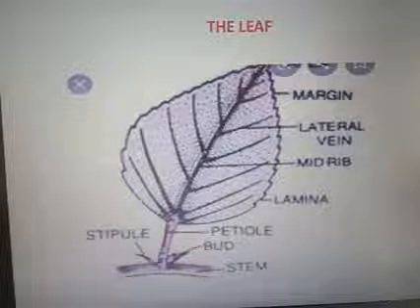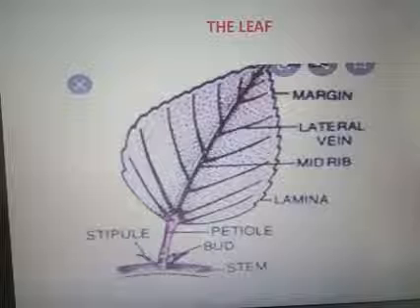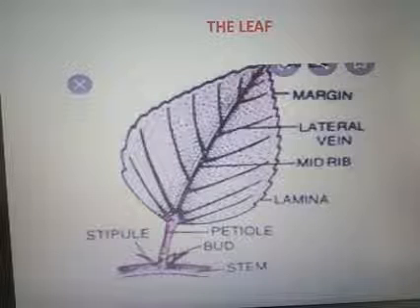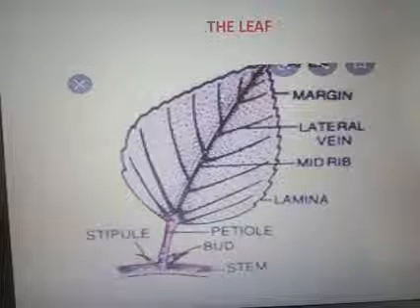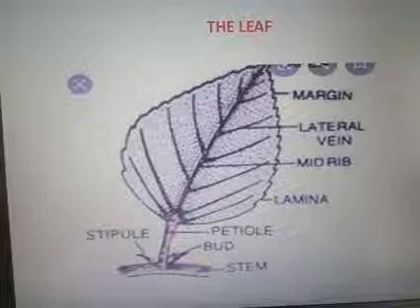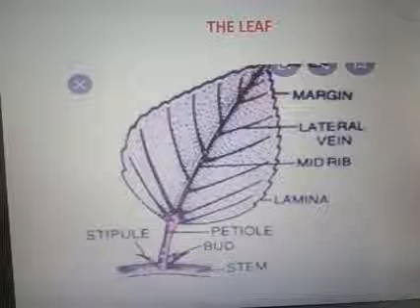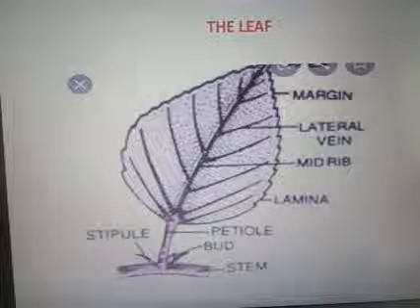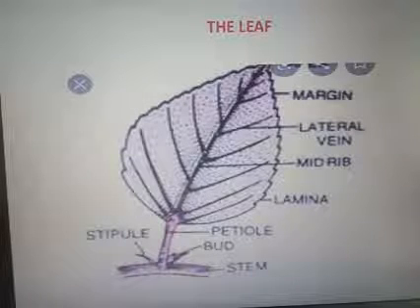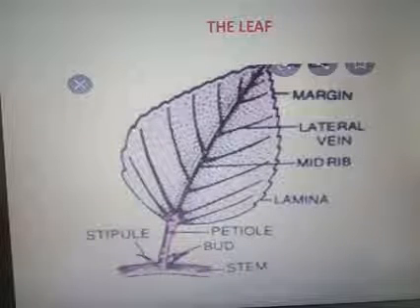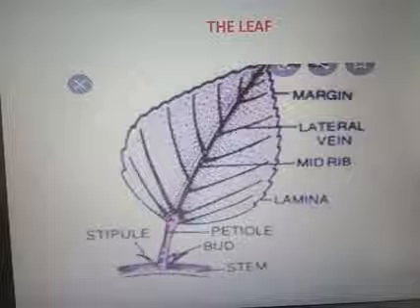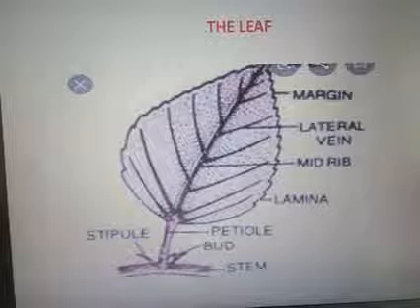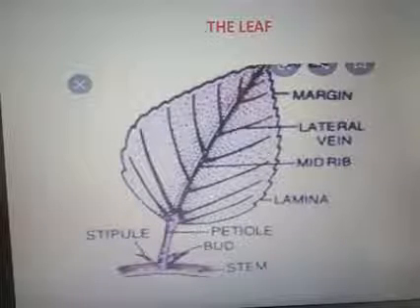Venation means the arrangement of veins. In reticulate venation the veins are repeatedly branched to form a network or reticulum. That is the feature of dicotyledons. In parallel venation, the veins run parallel to one another from the base to the apex. That is the feature of monocot plants.